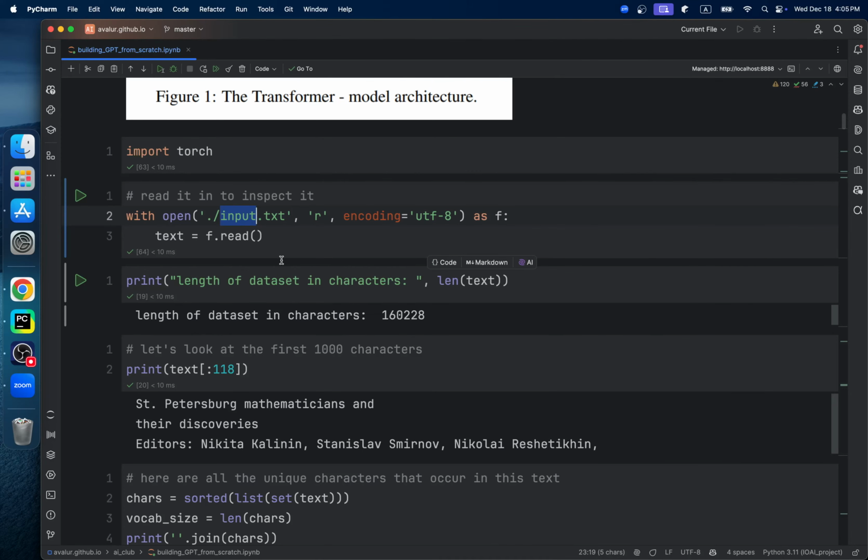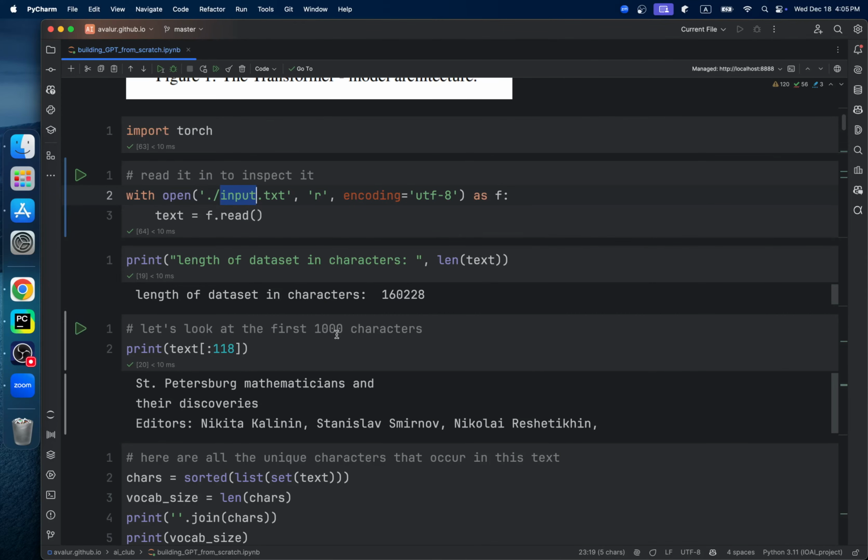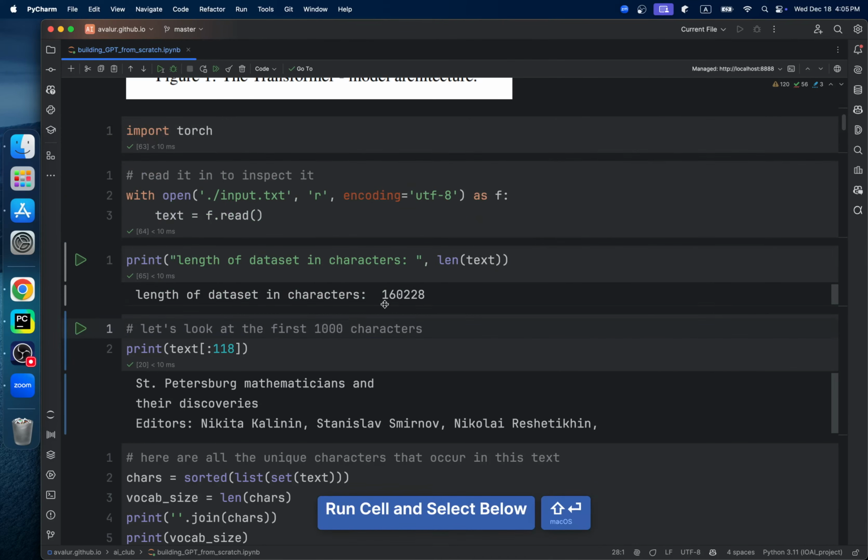Again, the same as we've done with recurrent neural network models, we need a data set to perform training of the model. Here you see the length of the data set is in characters. So here we will try to train the GPT-2 model on character level, because it is easier, for simplicity.